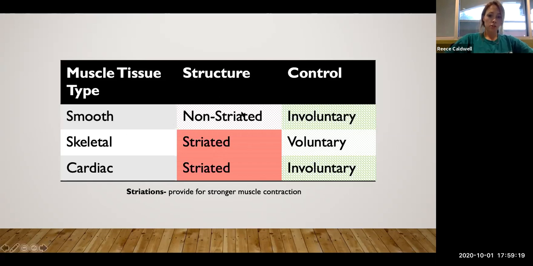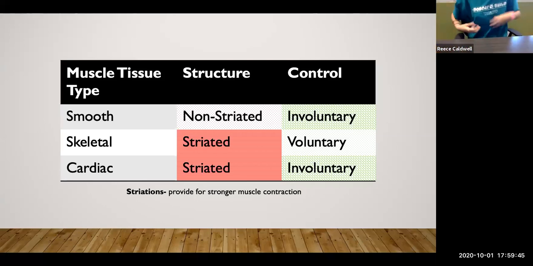So smooth muscle is non-striated because we don't want those strong contractions. Let's say you just ate some Torchy's or Taco Bell or something. You don't want a strong contraction of that. It would just go straight through you and that would not be fun. It would be a disaster. So we want just these smooth contractions. And it's not like you eat food and gravity just pushes it down.